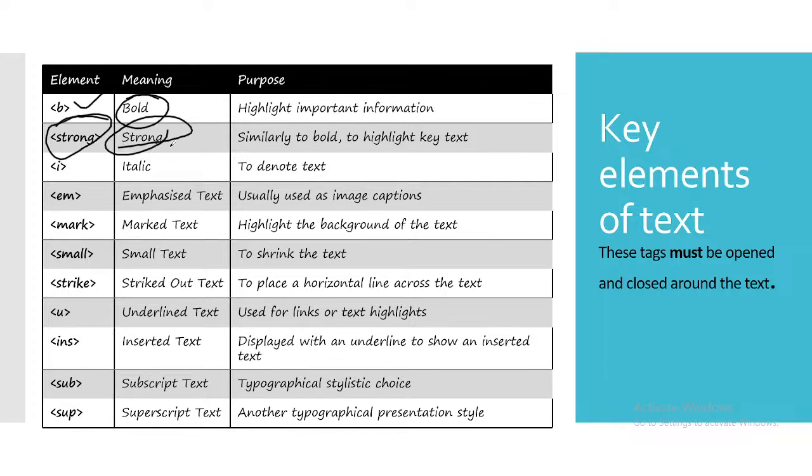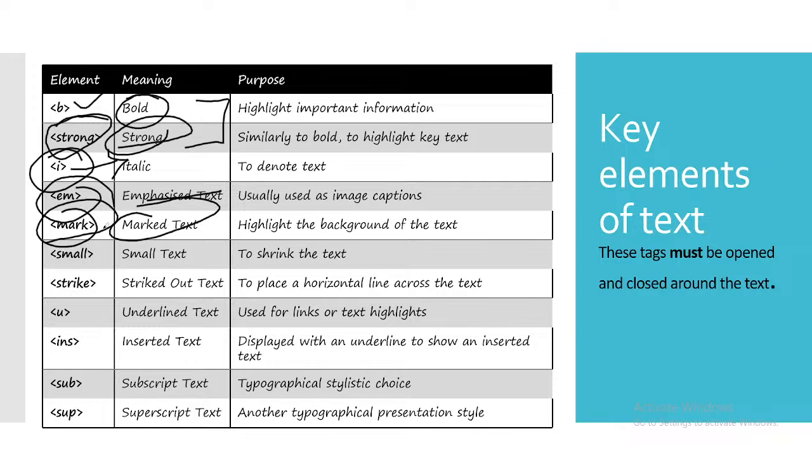Bold and strong are almost similar. Just now we practically did the italic tag, and then the emphasize tag, and if you want to mark particular content, we use the mark tag.